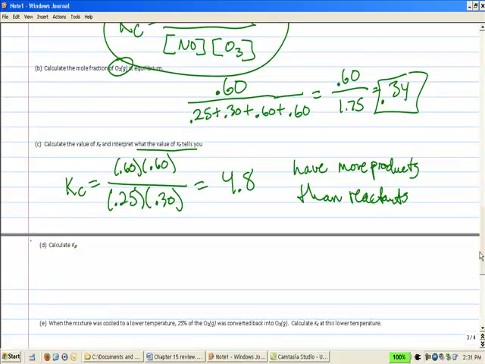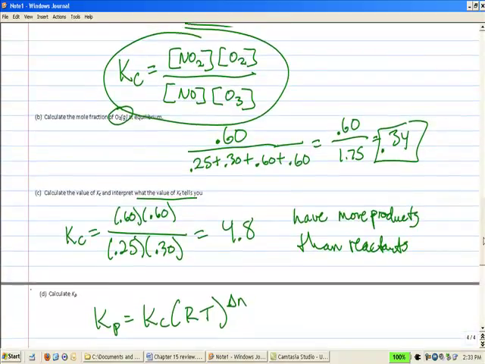Okay, then the next one says calculate Kp. We know that Kp is equal to Kc times R times T to the change in the number of gaseous moles. Remember that delta n is the moles of gaseous product minus the moles of gaseous reactant.